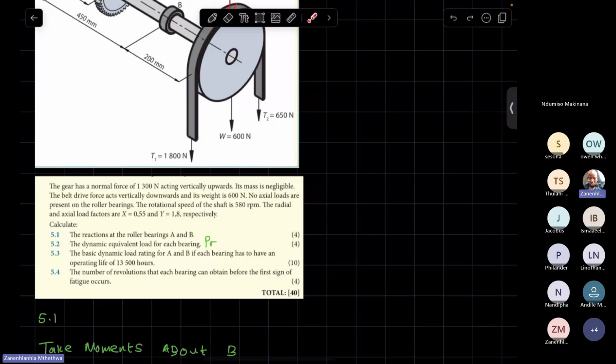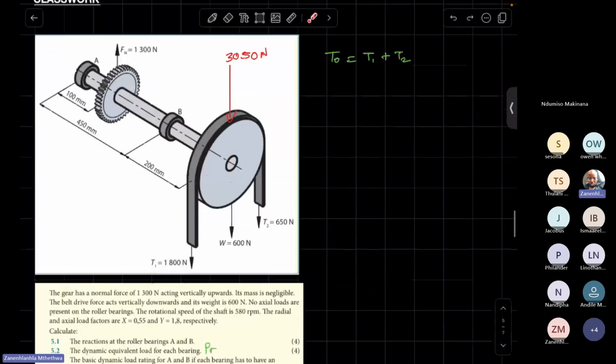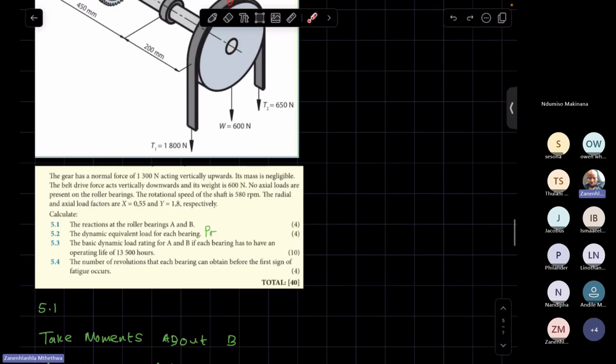So you are going to calculate the dynamic equivalent for bearing A and the dynamic equivalent for bearing B. Remember, the shaft is not symmetrically loaded, hence the magnitude of the reactions at the supports is different. And because it's different, you have to calculate the dynamic equivalent for each bearing.